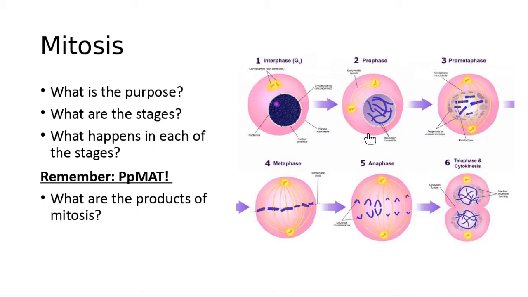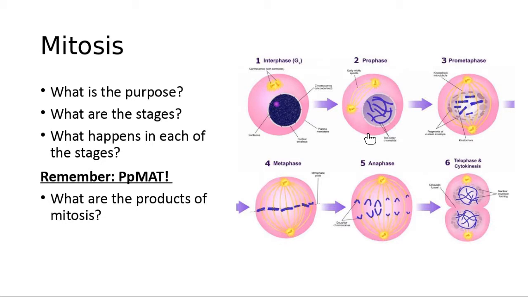So that's an important thing. There's also one other thing that happens during prophase. Do the spindle fibers start forming in prophase? Yes, very good. That's the other thing. So we have our centrosomes, and that's where the spindle fibers come from, and they're going to start to migrate over, and as they do that, the spindle fibers form.